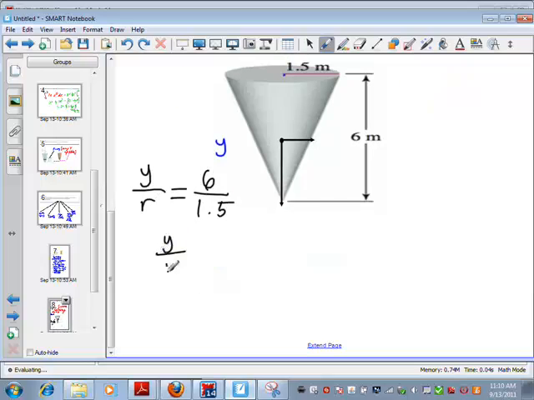So y over r is equal to a nice pretty 4, and then r is equal to y over 4.